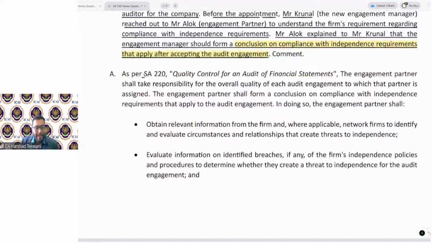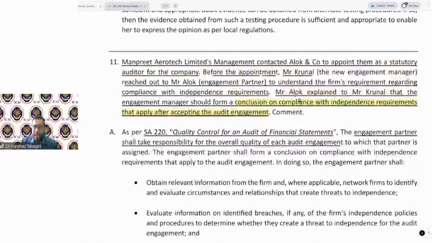Let's say SA 220, quality control for an audit of financial statements: the engagement partner takes overall responsibility for each audit engagement. Here, Mr. Alok was the engagement partner, but he explained to Mr. Krunal that the engagement manager should form a conclusion. In actual, the responsibility lies with the engagement partner.